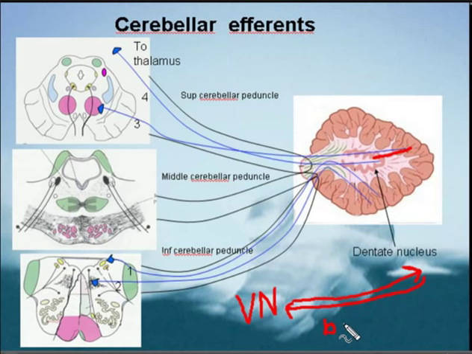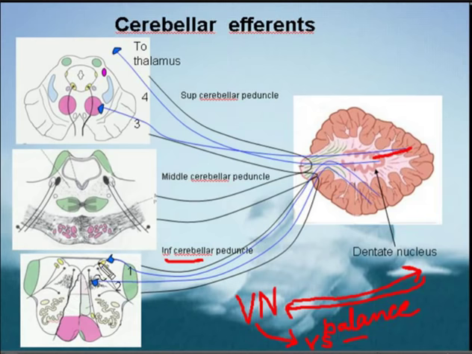And once the information comes from the cerebellum to the vestibular nucleus, the vestibular nucleus can send fibers down to the spinal cord as the vestibulospinal tract, and that's how the cerebellum controls balance. So you can see that's a bilateral connection. This shows the efferent fibers from the cerebellum to the vestibular nucleus, and obviously they will go through the inferior cerebellar peduncle, because if the afferents went through there, the efferents also will go through there, because it lies in the medulla.